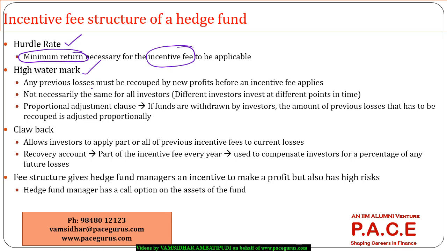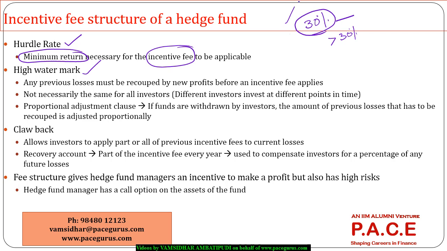Similarly, there could be a high watermark. The watermark simply says, okay, if this year the loss is 30%, in the next year this person will receive an incentive only if he is generating a profit above this 30%.